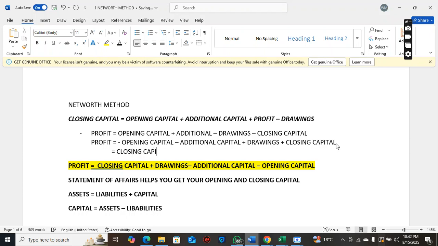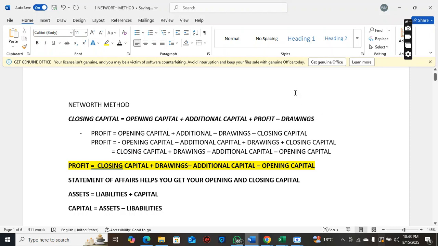It's a long cut. Those drawings minus additional capital minus opening capital. Okay. The formula becomes the same.